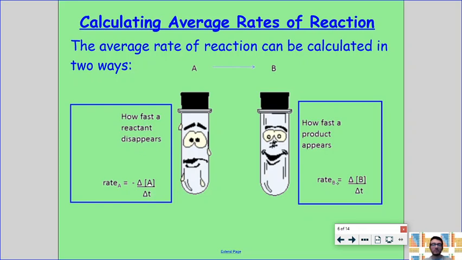Something to point out here is that there is a negative sign for the disappearance, or decreased concentration per unit time of reactant A. There is a positive sign for the production or appearance of product B.